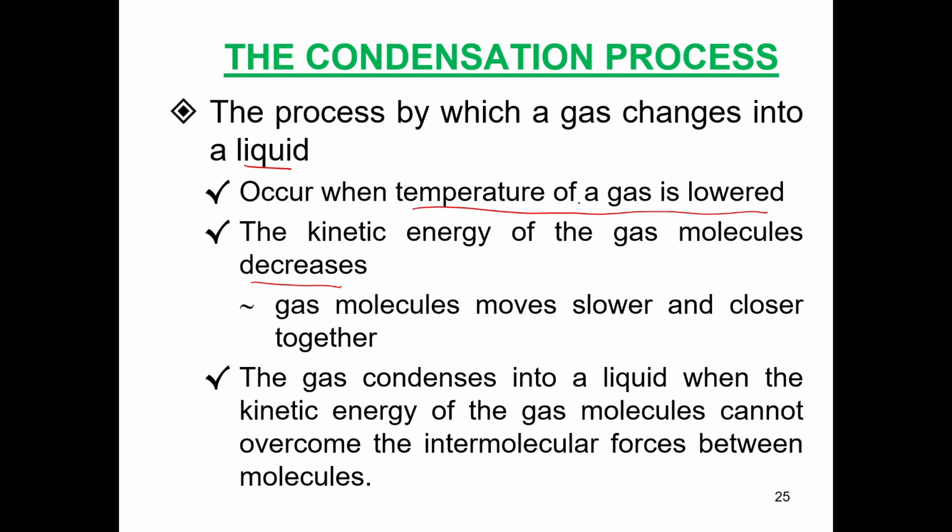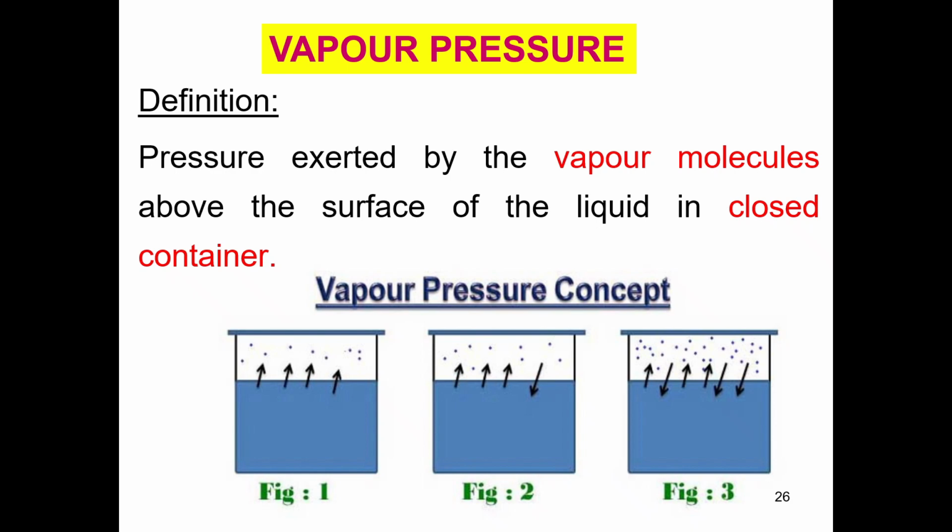So bila temperature gas semakin rendah, molekul tu akan berhampiran antara satu sama lain dan dia akan jadi trap, and form liquid. So in this condition, we say that the kinetic energy cannot overcome the intermolecular forces. So intermolecular forces tu akan bind between each molecule and form liquid.